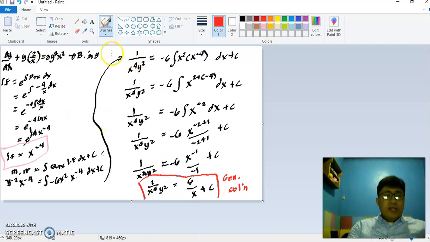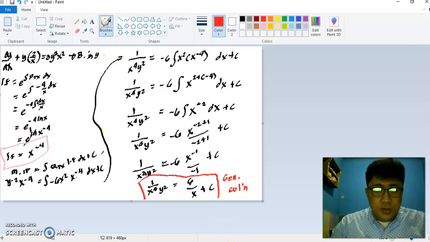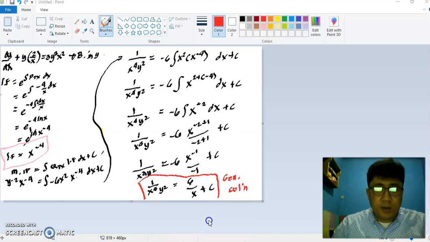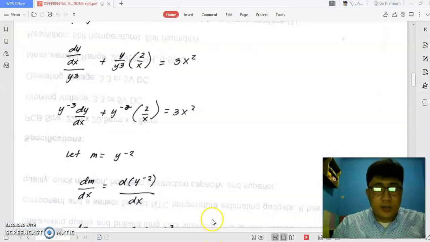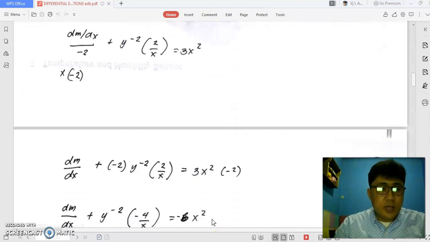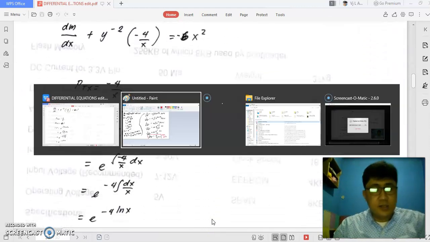The next one is we will have an example of Bernoulli in X. If you could see here, this example is Bernoulli in Y. Let us check whether our answer is the same. So let's try. That is 1 over x raised to the power 4 over x squared, so we have y. So our P(x) is negative 4 over x.